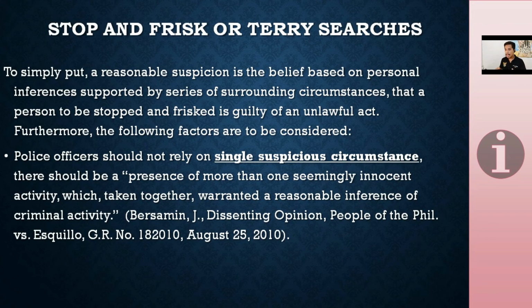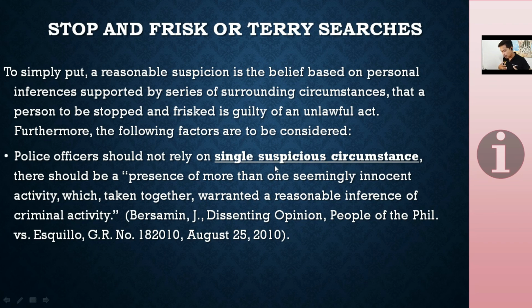But then again, if your suspicion does not validate a probable cause, do not do it. All right? Because that will be considered illegal. The grounds of suspicion are reasonable when the person to be arrested is probably guilty of committing the offense based on actual facts, supported by circumstances sufficiently strong in themselves to create the probable cause of guilt of the person to be arrested.